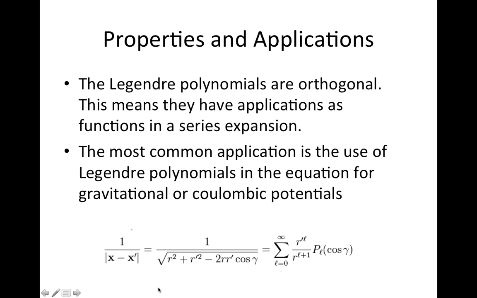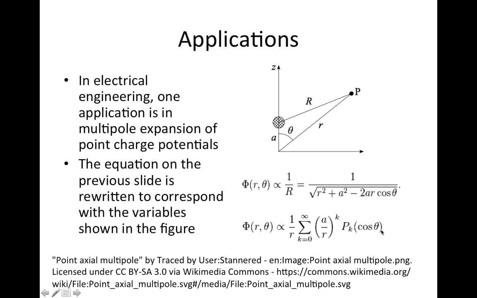And those basically can be written as an expansion of this 1 over x minus x prime. Let me show you a picture that gives you a better idea of what the geometry is here. It turns out that if you have this geometric picture and you write it in this way, that can be expressed as a sum of the Legendre polynomials. So here's the picture. We have our point charge here located at distance a from the origin of some reference coordinate system.